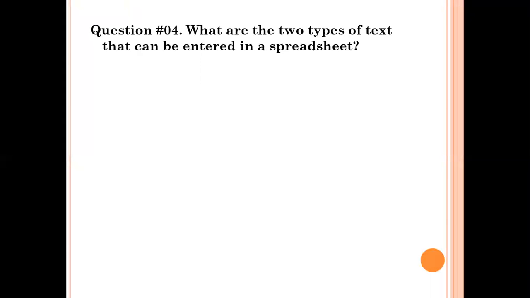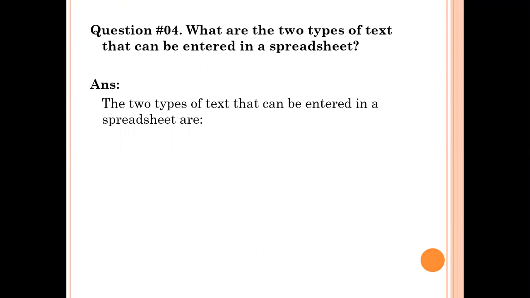what are the two types of text that can be entered in a spreadsheet? The answer is, the two types of text that can be entered in a spreadsheet are: number one, labels or text.